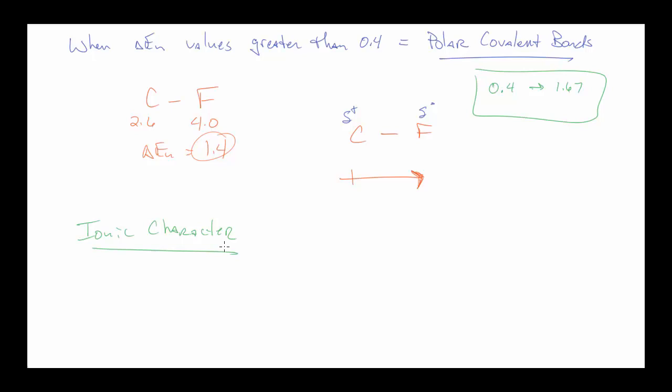We have to understand we've got a set of values here so far, right? And we see our electronegativity differences: 0 to 0.4 would be generally considered nonpolar covalent, 0.4 to 1.67 is considered to be polar covalent, and greater than 1.67 is considered to be ionic, right?